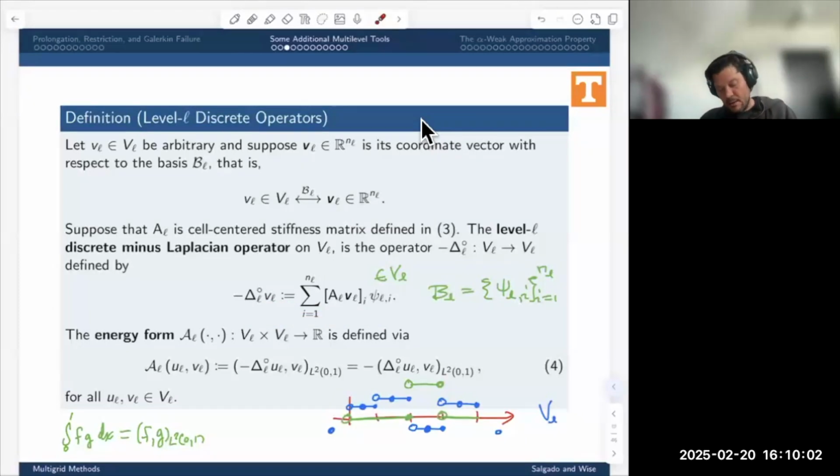We said that we could define an energy bilinear form on VL as follows. If I have two functions, UL and VL, from this space capital VL, then the definition of this object is going to be an L2 inner product of this thing which we just defined, acting on UL times VL.